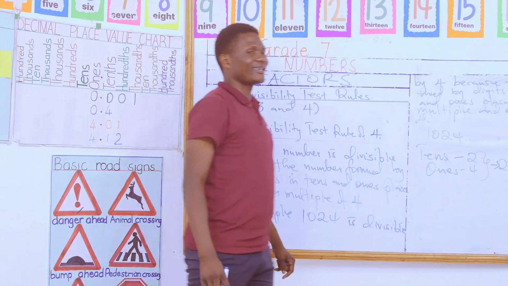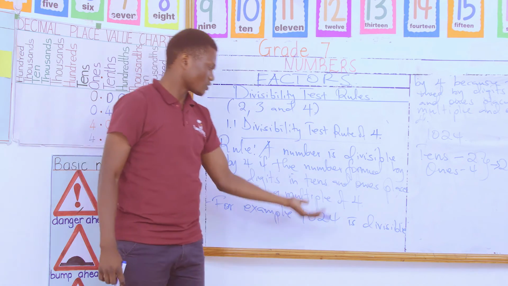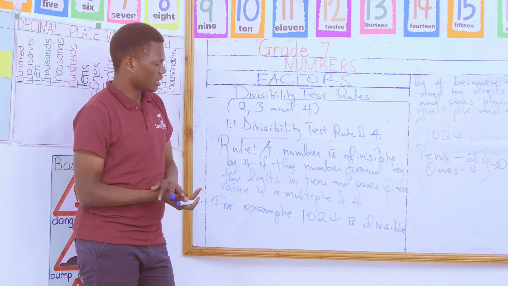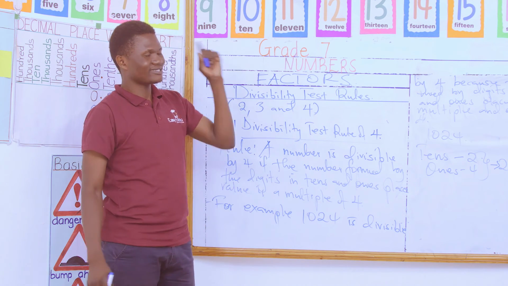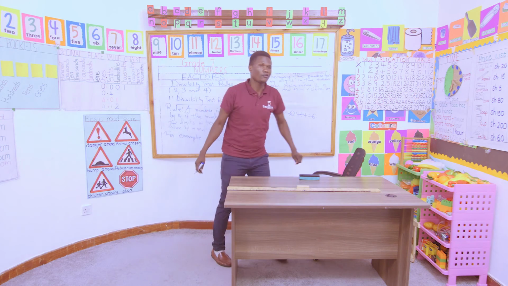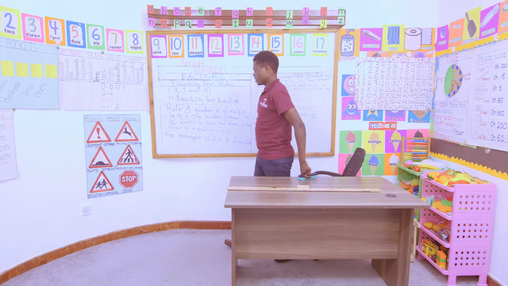So if that is the case, then the whole of that number, irrespective of the size of the number, we can say that a number is divisible by 4. It can be 1 million so long as the last two-digit number is a multiple of 4, then you can authoritatively say that that particular number is divisible by 4. Any question?